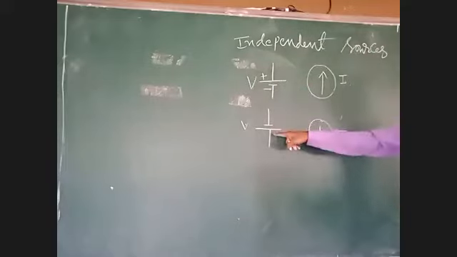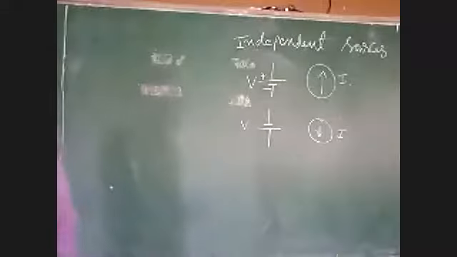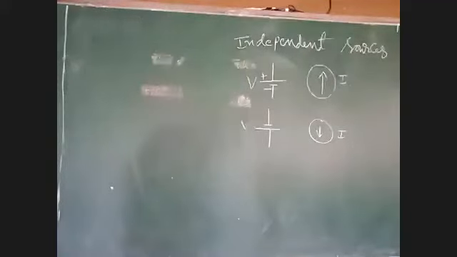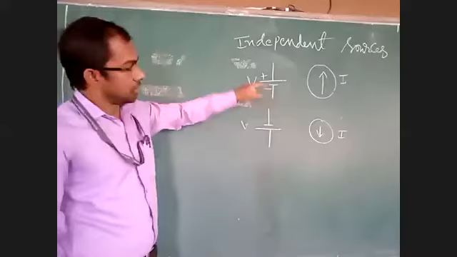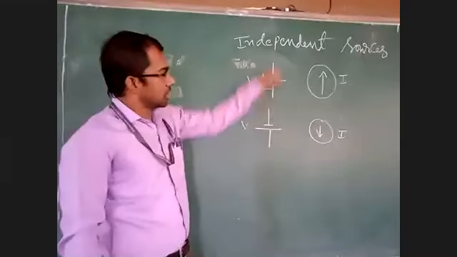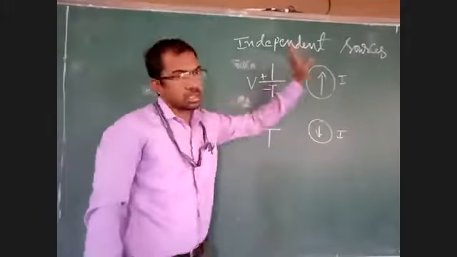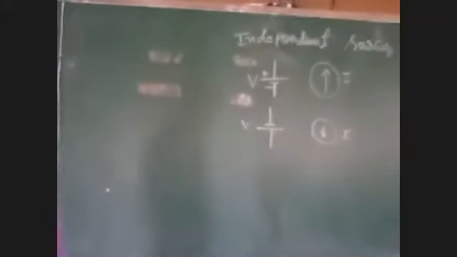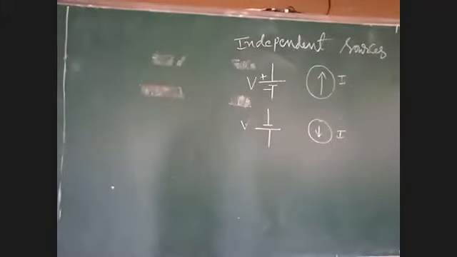Sir, can you repeat the note? Note: since current is flowing from negative to positive in the upward direction, the arrow is in the upward direction. Let us note: current flows from negative to positive terminal in voltage source.